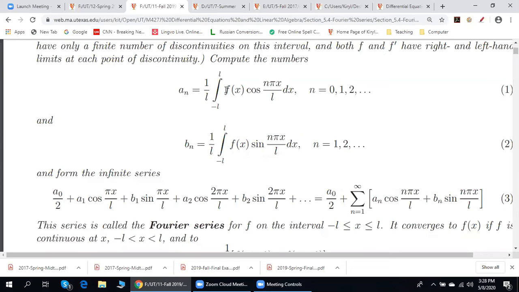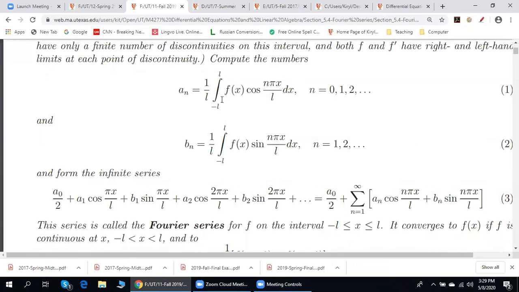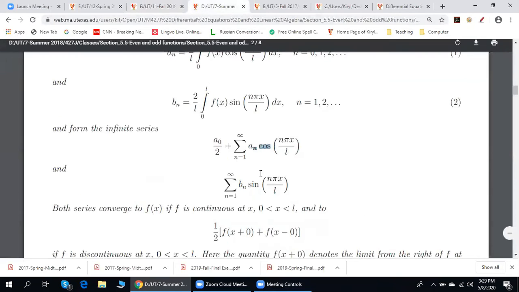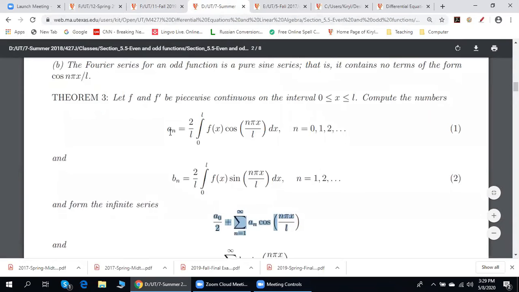Moreover, since this and these are even functions, the product of two even functions is an even function. Therefore, integral from negative L to L of an even function can be rewritten as integral from 0 to L times 2. It's exactly how we come up with this formula, where a's are this.